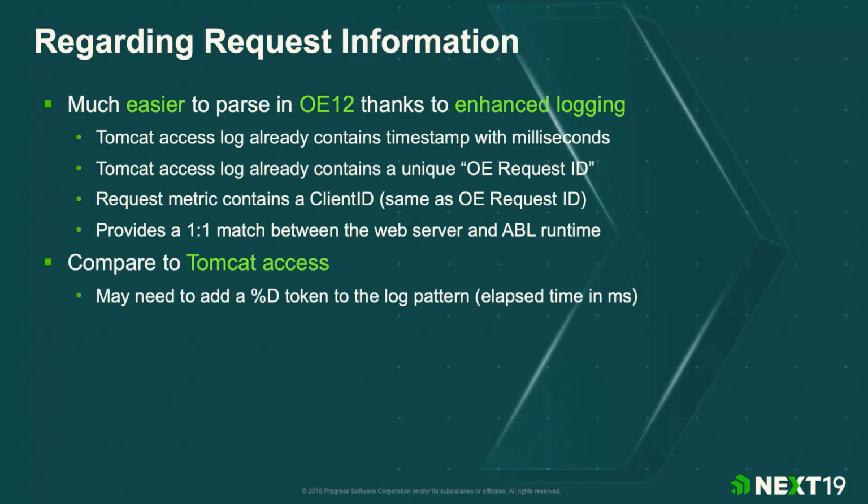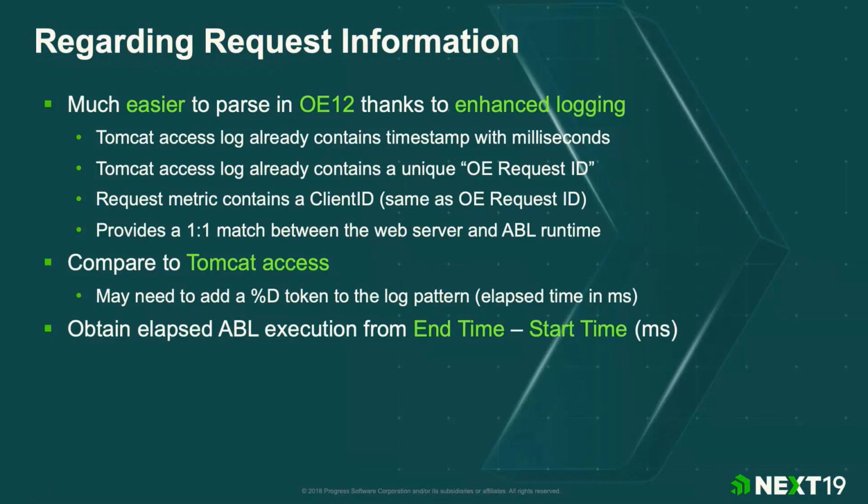One caveat is the Tomcat access log that currently ships in OE12 does not have the %D token, which is the elapsed time in milliseconds. If you just insert that into the access log, now you know exactly how long the web request took, and you can compare that to the ABL time.